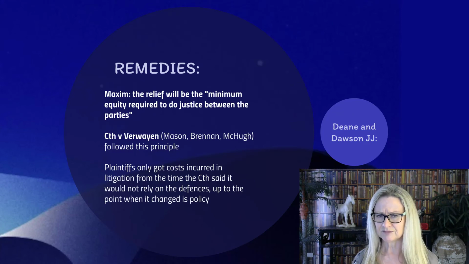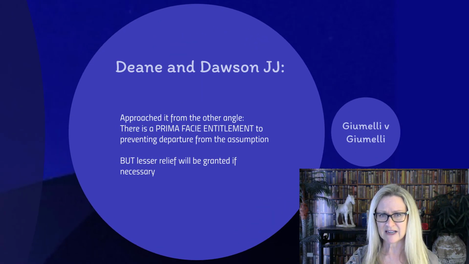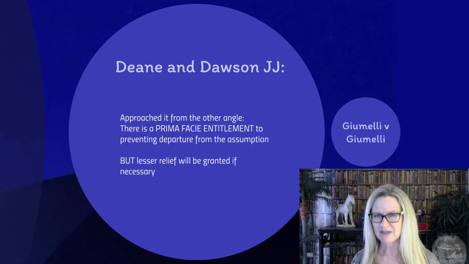There was some discussion of stress and all sorts of things going on in this poor survivor of this tragedy. Dean and Dawson in that case had a different view, but they were in the minority, so their view wasn't actually part of the ratio of the case. But they said, what you should be doing here, yes, there's this maxim that equity should only give the minimum equity to right the wrong. They said what you should have is a default position.